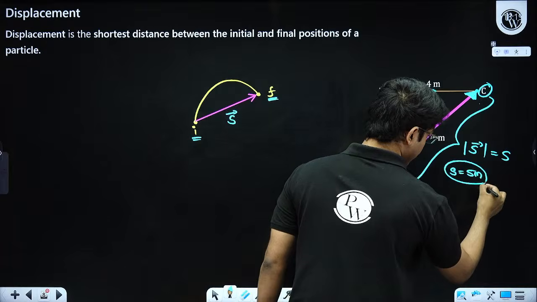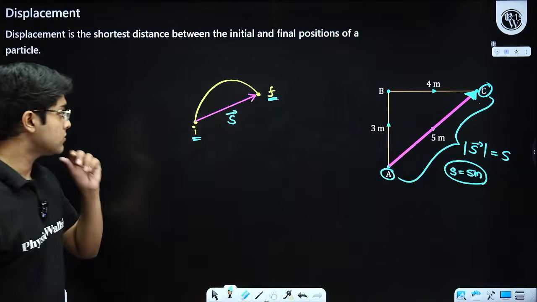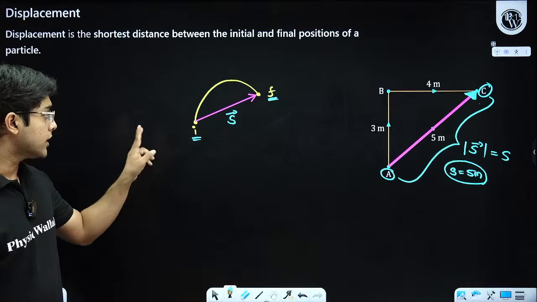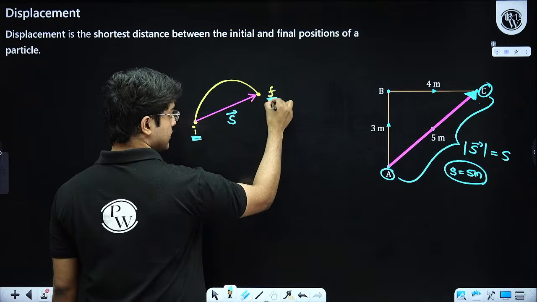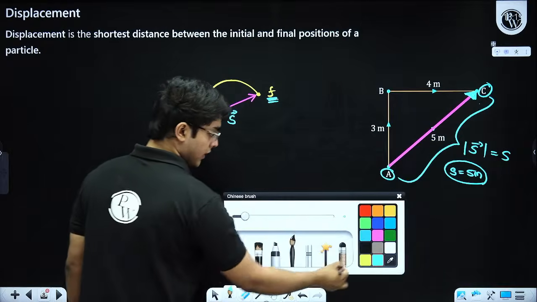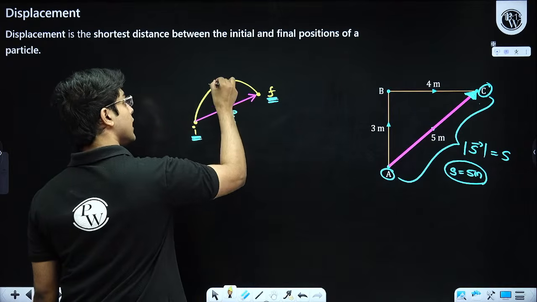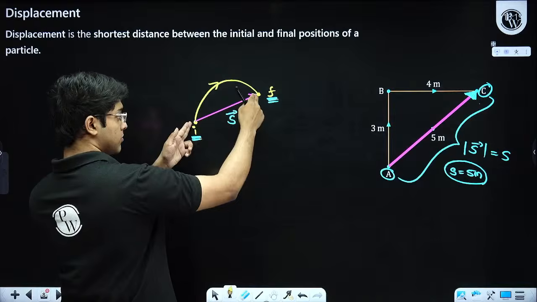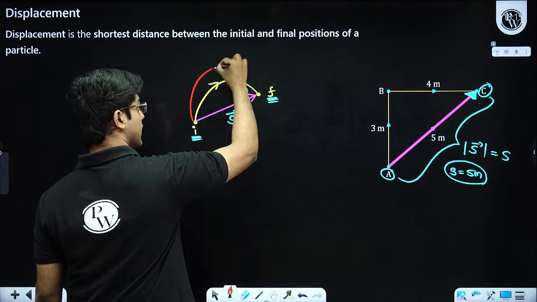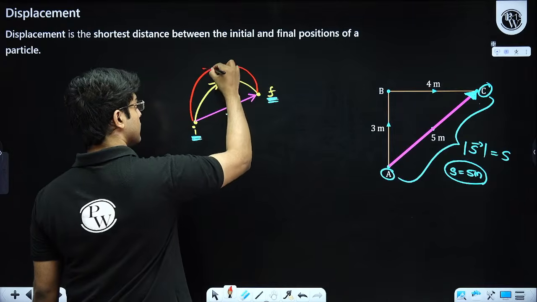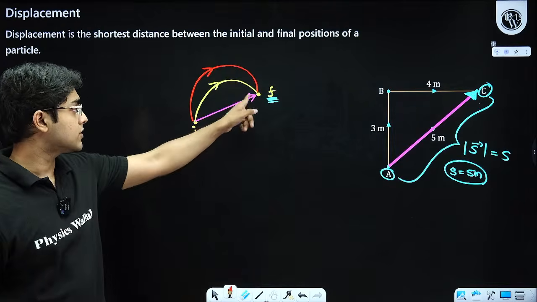So when you want the displacement, only two things matter. Where is the initial point and where is the final point? Nothing else matters, right? Even if you choose this yellow path, this is the displacement. Even if you choose some other path like this, okay, then also this is the displacement.